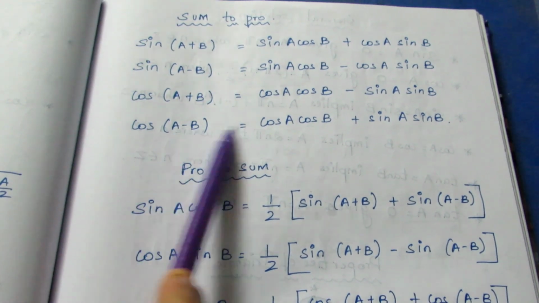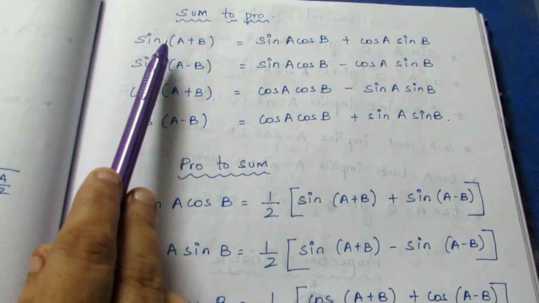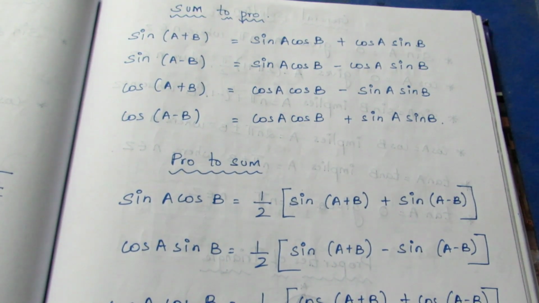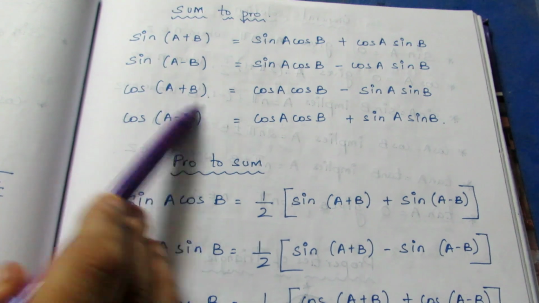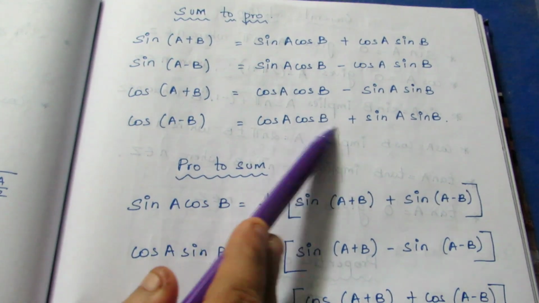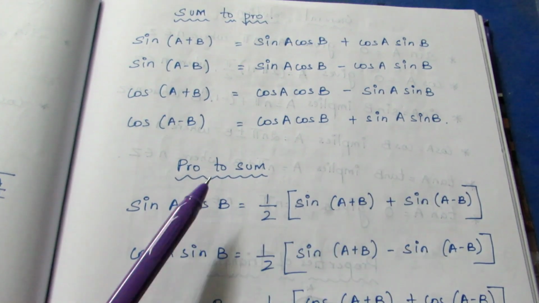If here it is minus, there it will be plus. So sin a plus b is sin a cos b plus cos a sin b. Sin a minus b equals sin a cos b minus cos a sin b. For cos a plus b, cos a cos b minus sin a sin b. That is the change in the sign. For cos a minus b, cos a cos b plus sin a sin b.